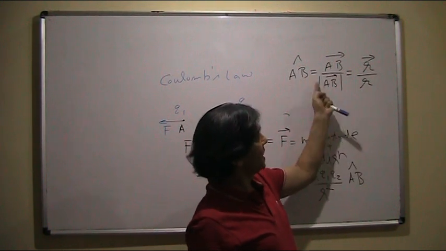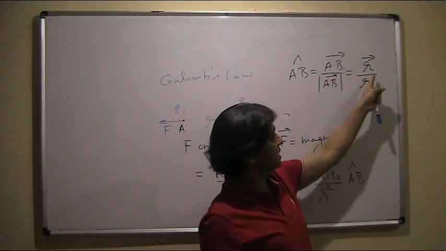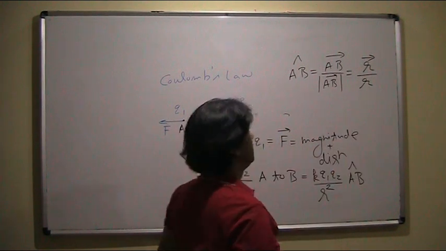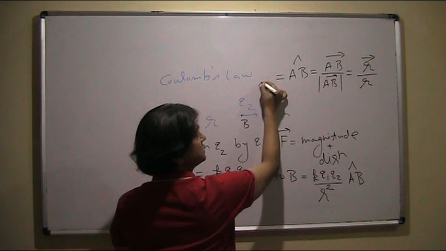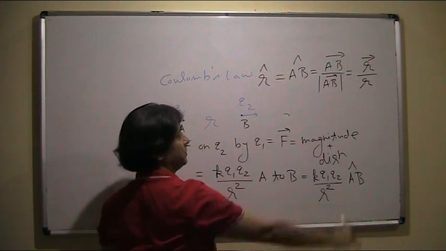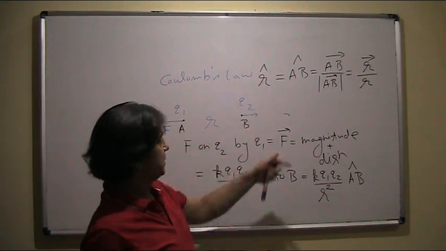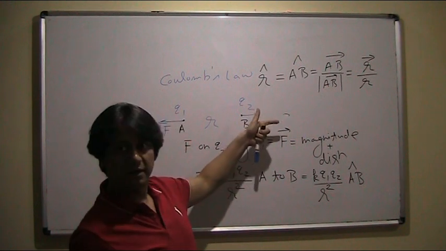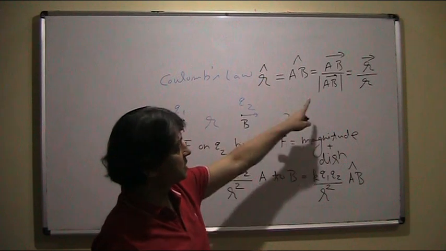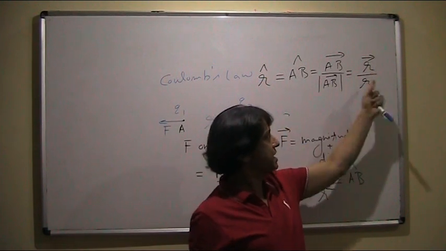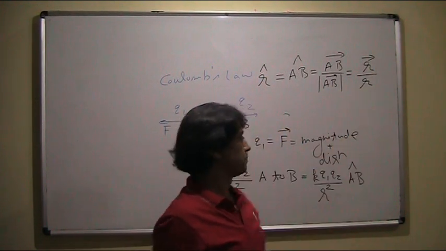So AB cap is basically R vector divided by R. Now this AB cap can also be written as R cap, which means direction A to B is nothing but R cap. What is R cap? R vector divided by its own magnitude.